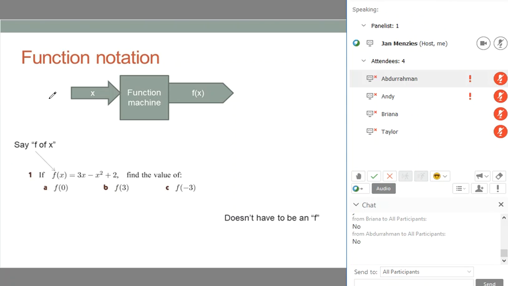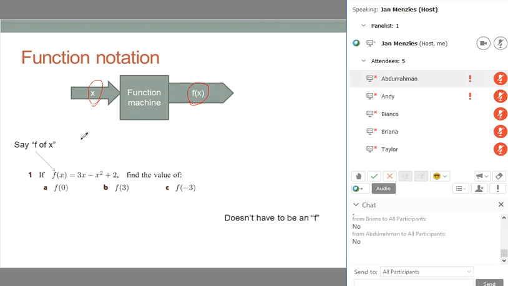A function is a special relationship between two things. One of them is represented by X, and we say that we're going to do some sort of operation to it or put it through a machine, and a value will come out after we've done things to it.